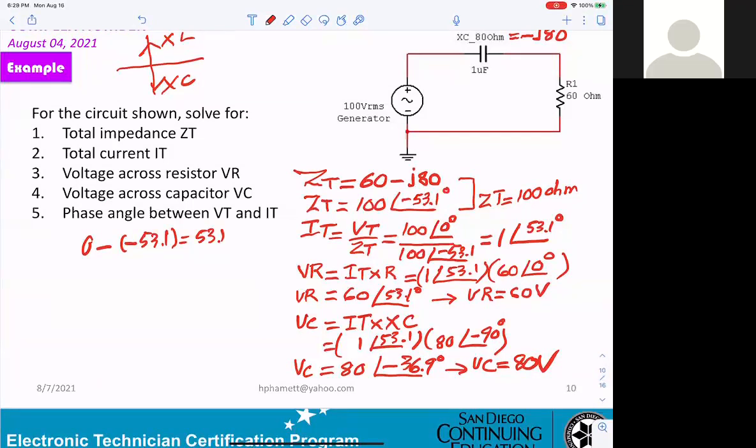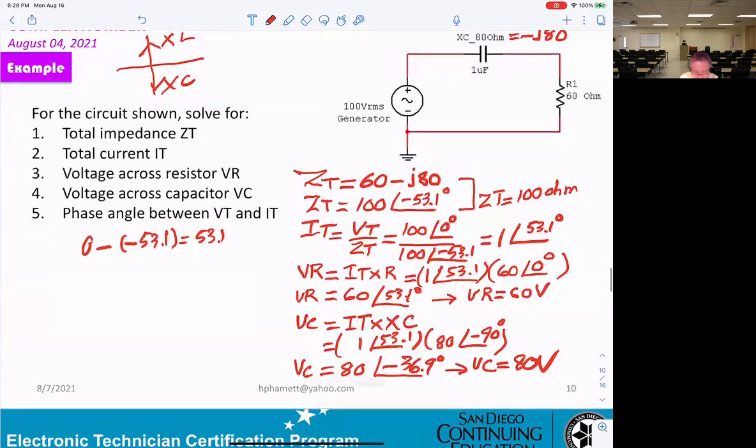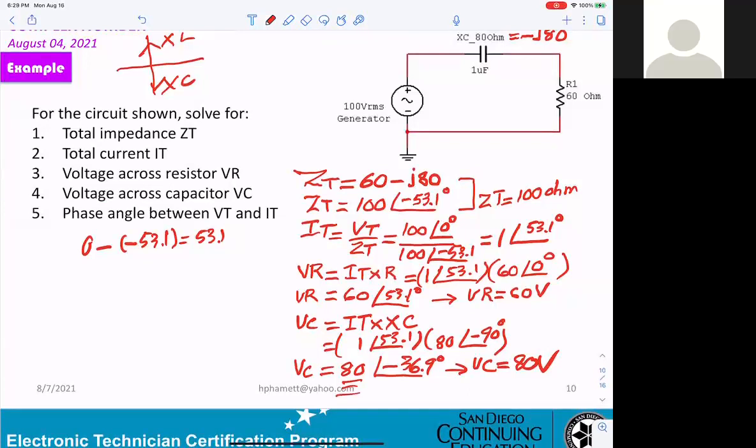Number 5. 80 is the magnitude, right? The value. This is the value of VC. Right. This is just a phase angle, in relation to IT.